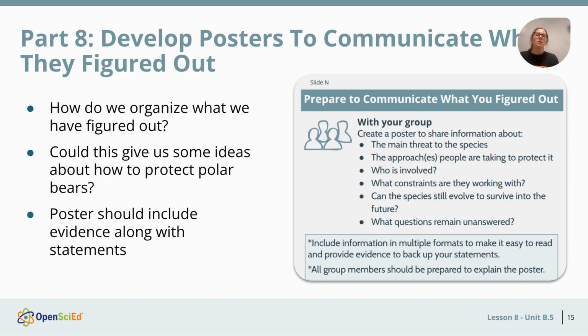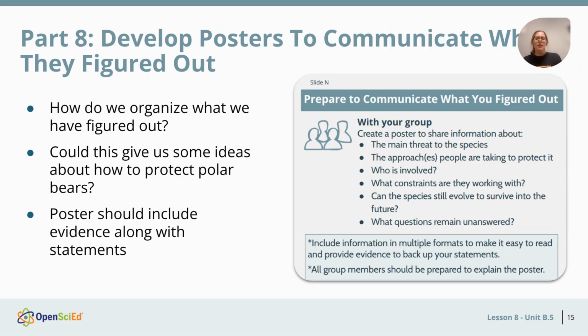Part 8, students will develop posters to communicate what they figured out. What I really like to have the students think about is, how do we organize what we figured out? It's one thing to just put a bunch of information on a poster. It's another to be able to communicate in a clear way to your peers what you figured out.